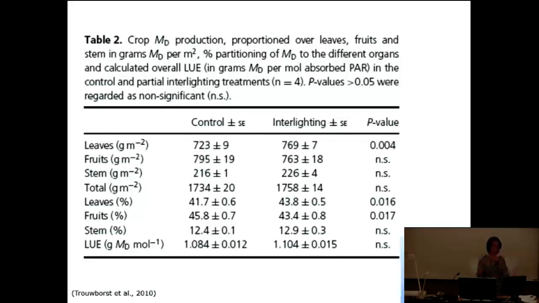More biomass sat in the leaves rather than supporting fruit, so it didn't go in the direction growers wish to see, unfortunately. It was quite interesting, and I think the study is continuing; now they are putting the interlighting a little bit higher than lower, so that the lower leaves contribute to allocating carbohydrate to the fruit.